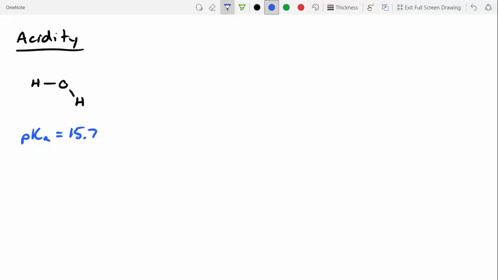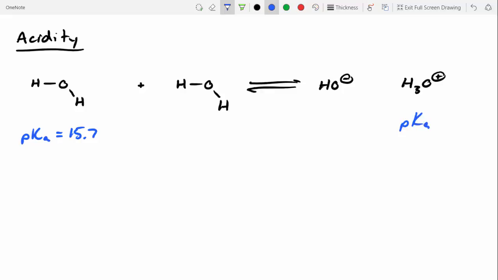All right, so if we have water and water, we could have an equilibrium reaction. You guys saw this a lot in Gen Chem, where you can form hydroxide in solution and hydronium in solution. The pKa of hydronium is negative 1.7.